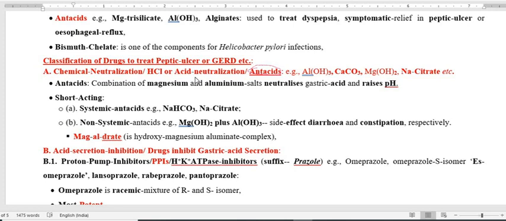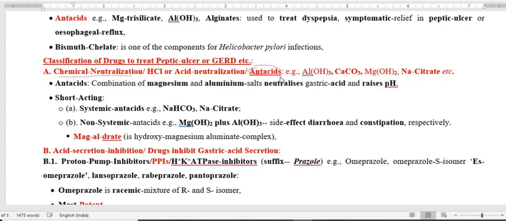So we have to chemically neutralize the HCl present in the stomach after its release. This is also called chemical neutralization of hydrochloric acid, or antacid. In this we are using chemicals which are basic in nature.